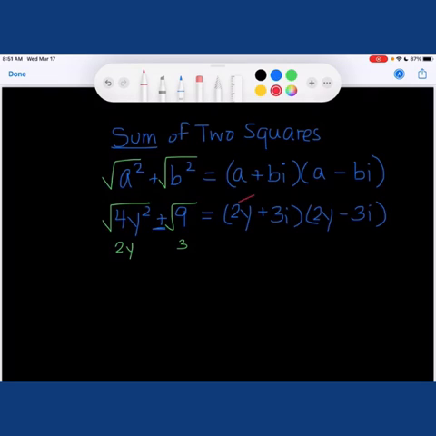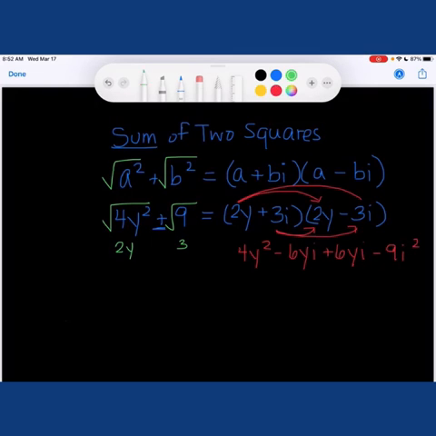So 2y times 2y gives me 4y squared. 2y times negative 3i gives me negative 6yi. 3i times 2y gives me positive 6yi. And then 3i times negative 3i gives me negative 9i squared.